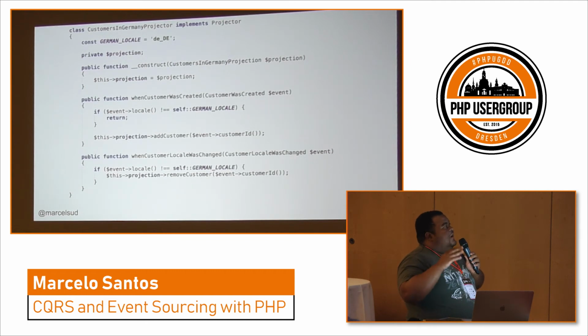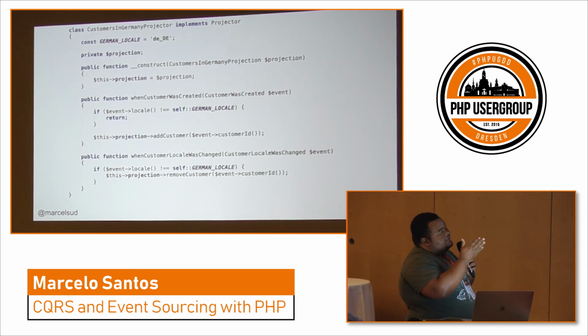And whenever an event on the customer happens, I want to know. So I am listening to all events of this customer, and then I'll say, okay, when the customer locale was changed and the locale is German, then I'll add this to my projection.